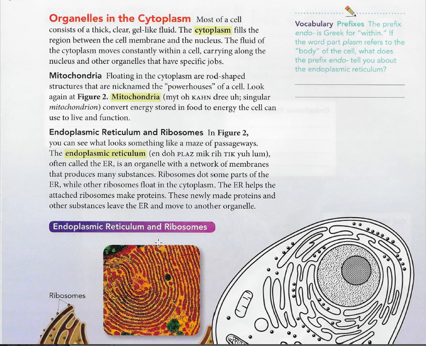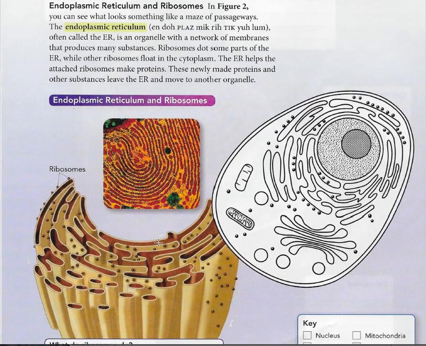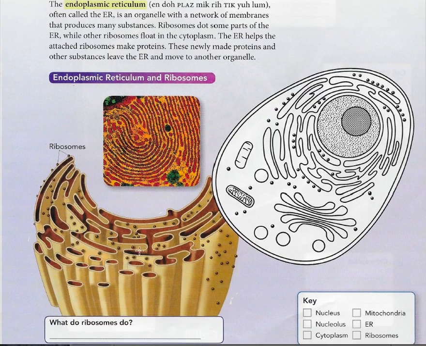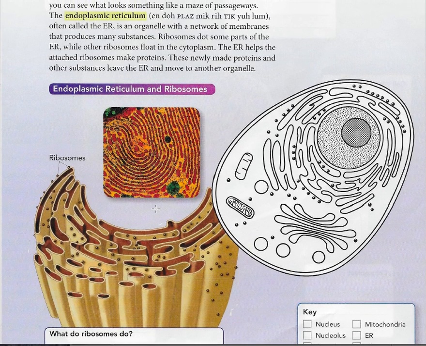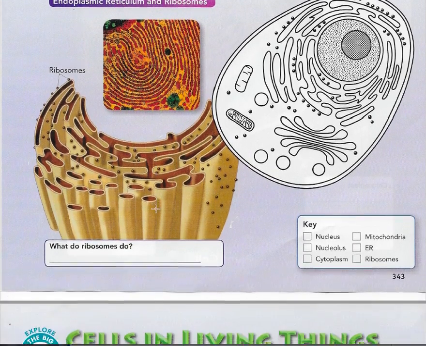These newly made proteins and other substances leave the ER and move into another organelle. So here we go. Ribosomes. This is called rough ER. There is also smooth ER, and that's ER that doesn't have ribosomes attached to it. These little dots here are ribosomes, and this is called the endoplasmic reticulum, or ER for short.